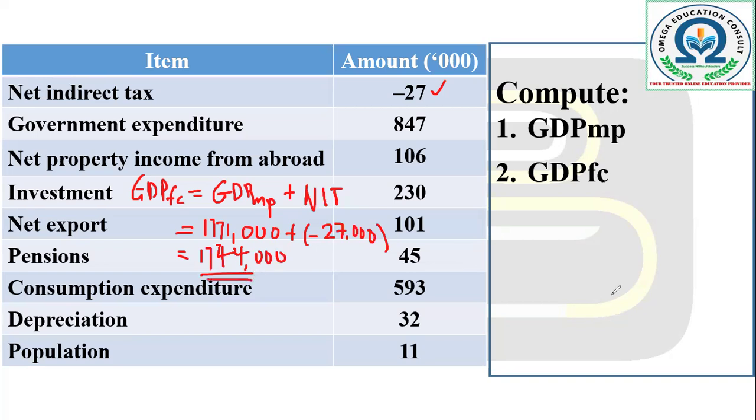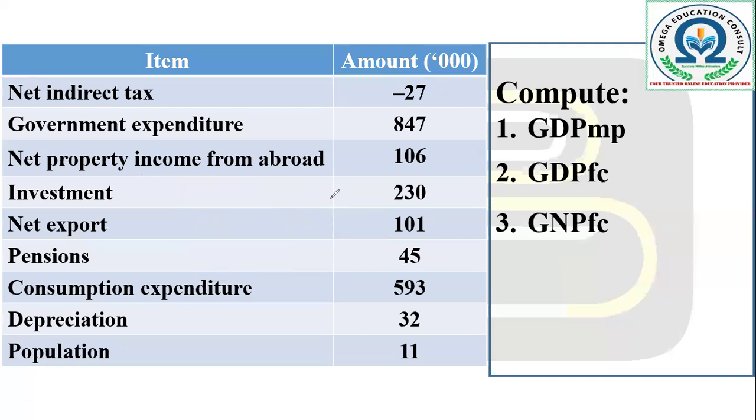Now, the next question is that compute the GNP at factor cost, GNP-FC. So what's the formula for GNP-FC? Solve that in 1 minute, and let's see what you get. So GNP-FC formula, let's compare what we got with what we have here.